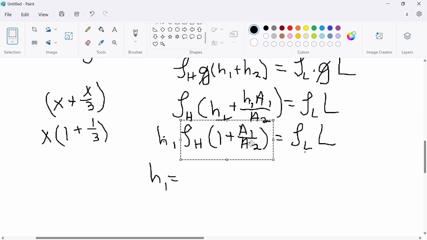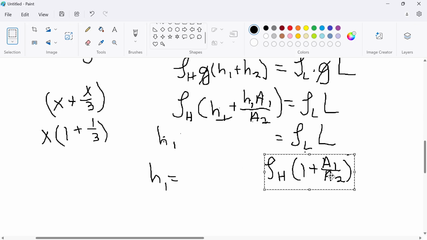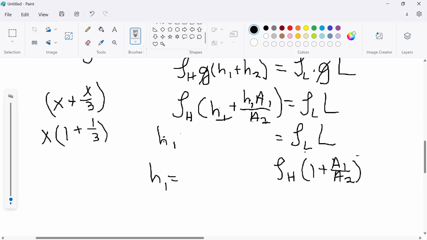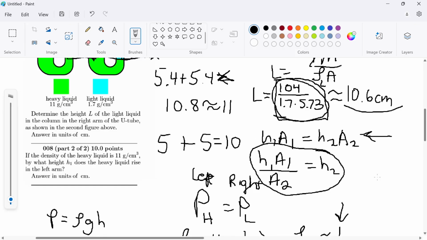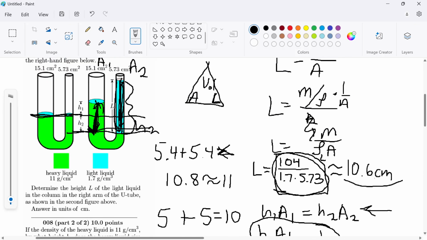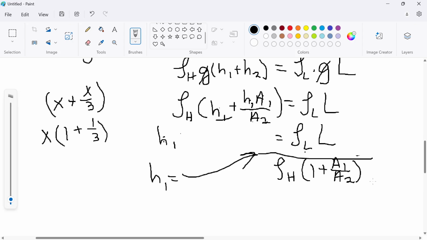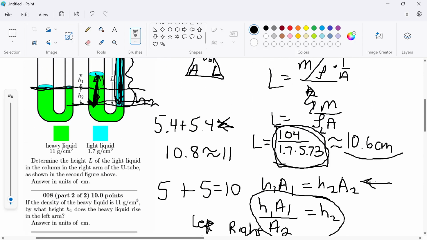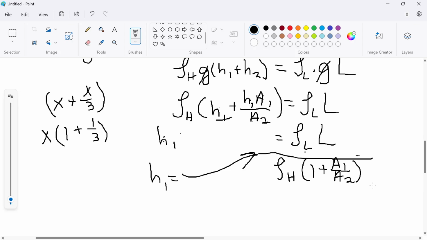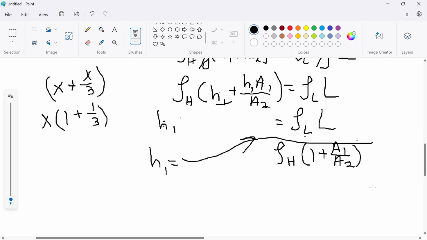So it is actually H1 is equal to the density of the light liquid times L, the height of the light liquid, divided by the density of the heavy liquid times 1 plus A1 over A2 left over there, and then that I will solve for H1.